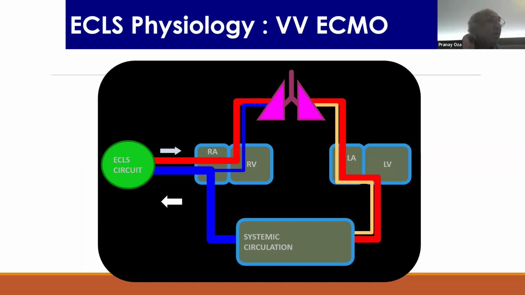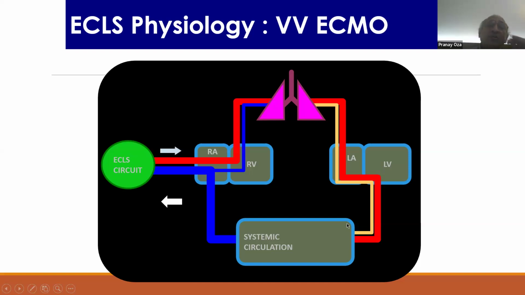VV ECMO is not in parallel, but in series. In VV ECMO, the blood which goes to the ECMO circuit comes back to the RA. In the RA, your ECMO blood plus your native circulation blood mix together, and then it goes to the RV, to the pulmonary circulation, and back to the left heart, and then to the systemic circulation.